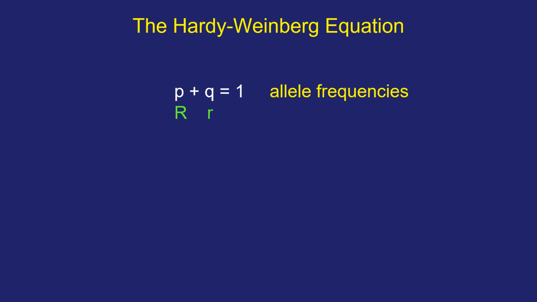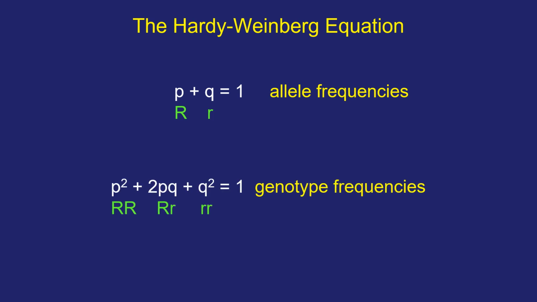So if we know P but we don't know Q, not a problem. We take P and we subtract it from 1, and that will give us Q. If we know Q but we don't know P, also not a problem. We can take Q, subtract it from 1, and that will give us P. All right, here's the actual equation. And again, it's really straightforward if you just think about it. The genotypic frequency for homozygous dominant individuals is P squared.